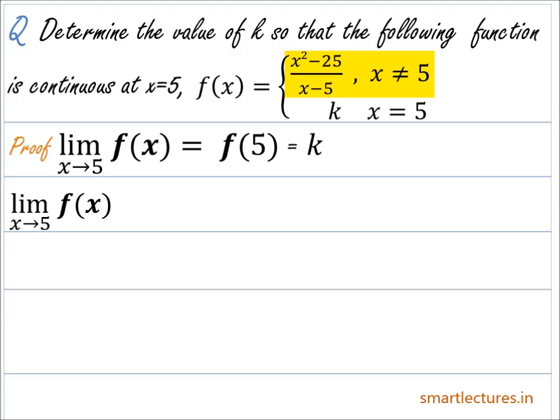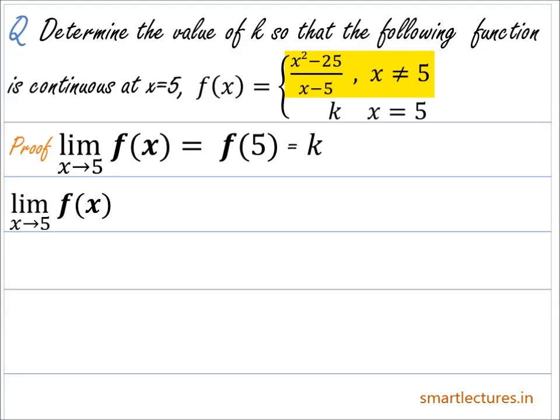As per the definition of the given function, if x is not equal to 5, then f of x is equal to x square minus 25 upon x minus 5.